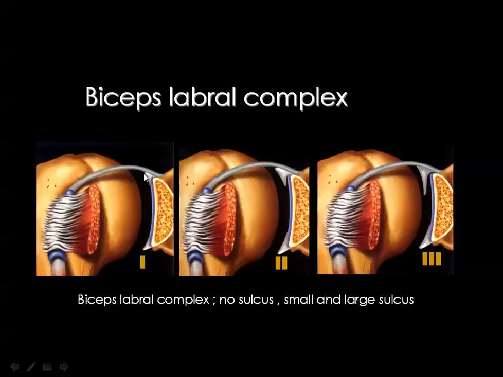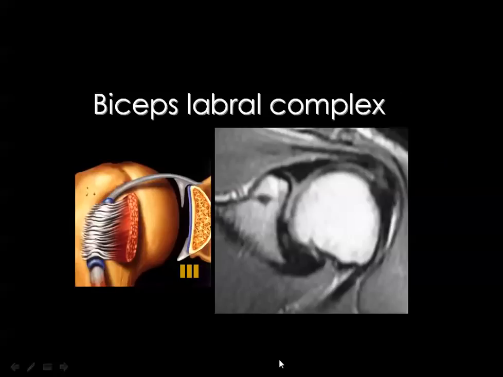This is the usual appearance, where the labrum is firmly attached to the glenoid part of the scapula, while here you can see a small sulcus, which is normal, between the labrum and the glenoid, and the sulcus may be relatively large, as you can see. All these are considered within normal.